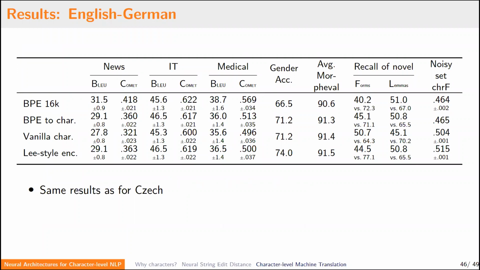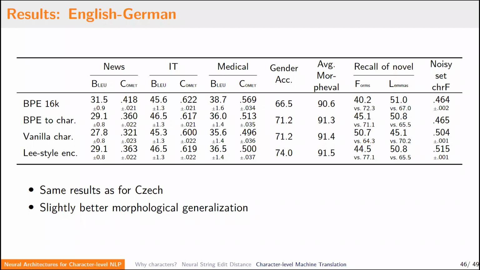The results in German are actually similar to what we observed in Czech, but it seems that in German there might be slightly better morphological generalization. The gendered coreference is much better here. And if we average over the morphological phenomena in MorphEval, we also get a slightly better number, but there is like no systematic pattern.